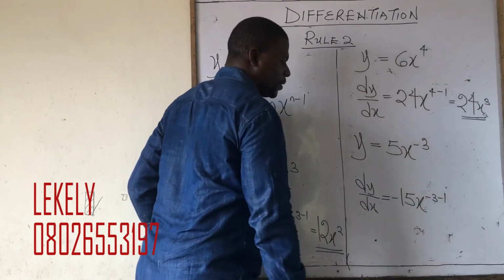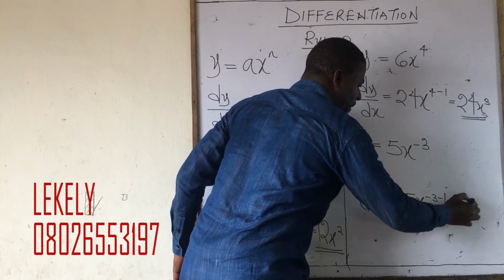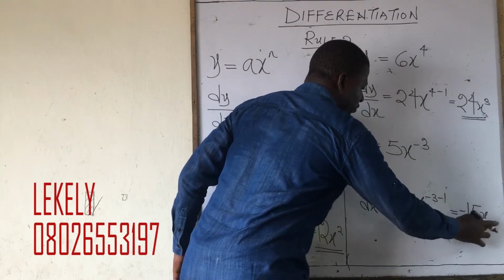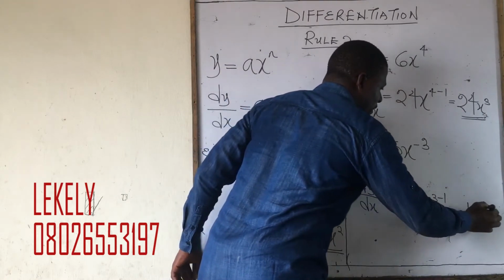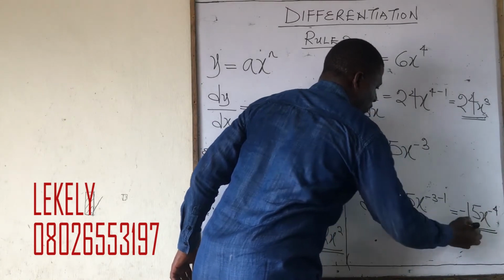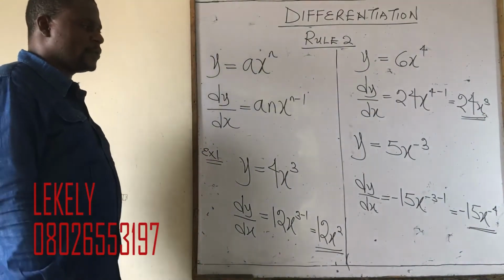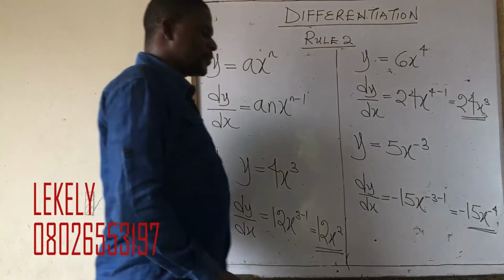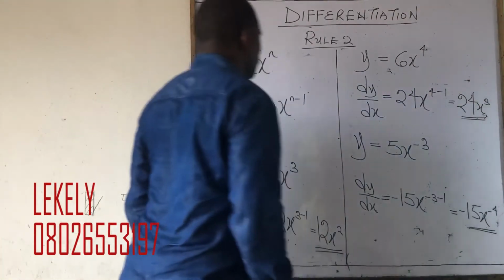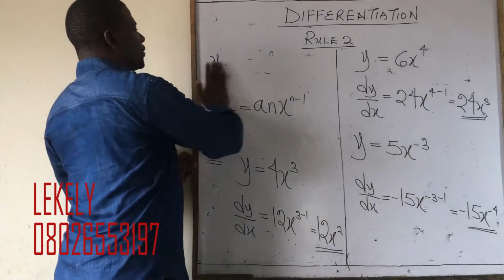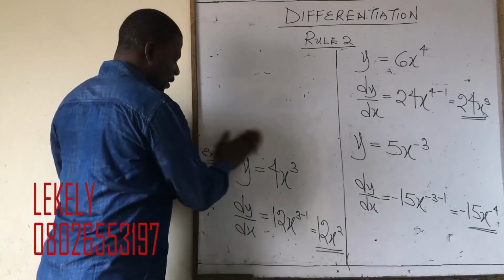Minus 3 minus 1. So here I'm going to have minus 15 x raised to power minus 3 minus 1 is minus 4. So that's what you are going to have. You see that?